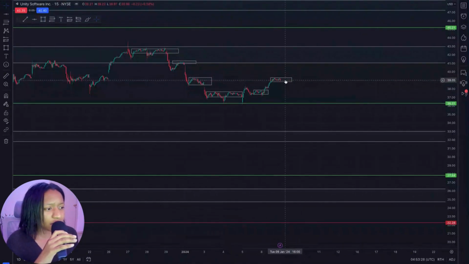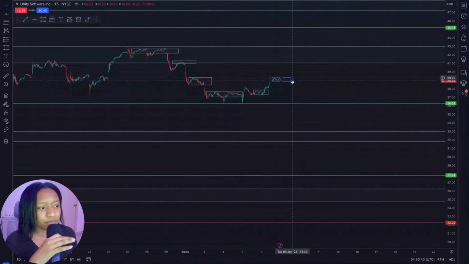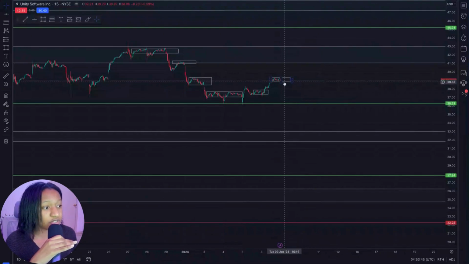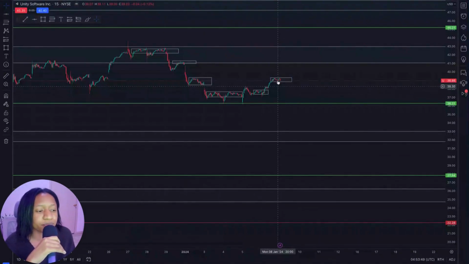So I think when price opens, whenever it does open up, it is gonna go up to the next point, and then it's gonna consolidate within, let's see, from 39. It's gonna consolidate like by one whole number.